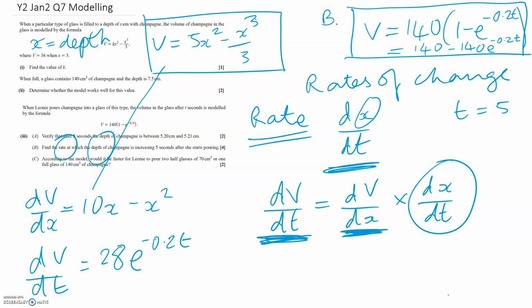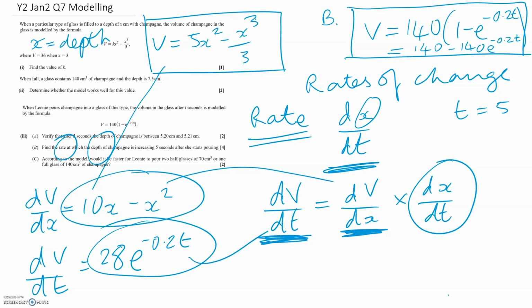So we can put this in here, and this will go in here. Before we substitute that in though, we should probably just work out when t equals 5, what does dv by dt actually equal.